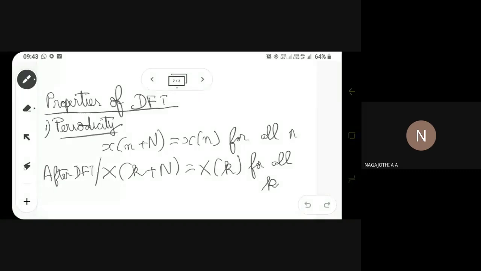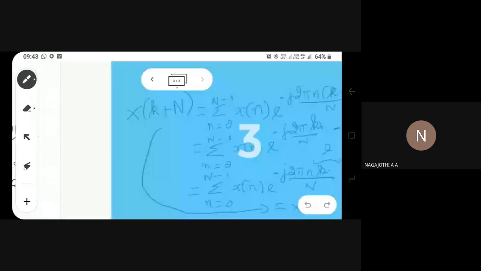So next we will be getting into the next property, which is based upon the linearity.